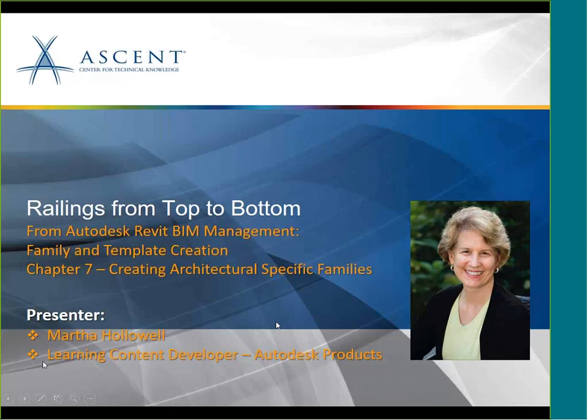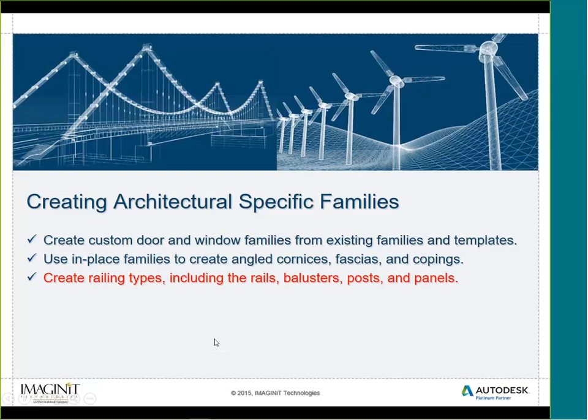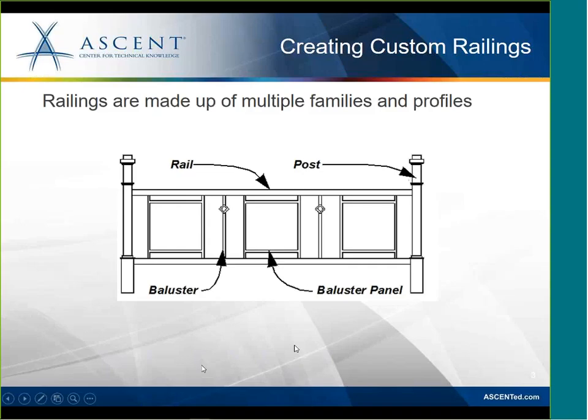So first of all, let's see, there it goes, it went forward. As I mentioned, this is architecture-specific families. We cover other items in this, but in this particular case we're going to look at creating railing types. We're going to do the rails, balusters, posts, and panels. So there's all sorts of bits and pieces of what you're doing when you're creating railings. Railings are made up of multiple families and profiles, which is a type of family, and I'll explain more about this.